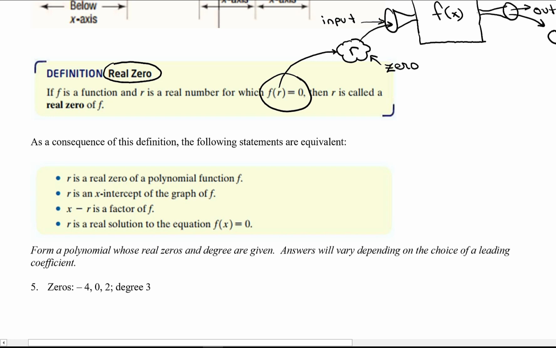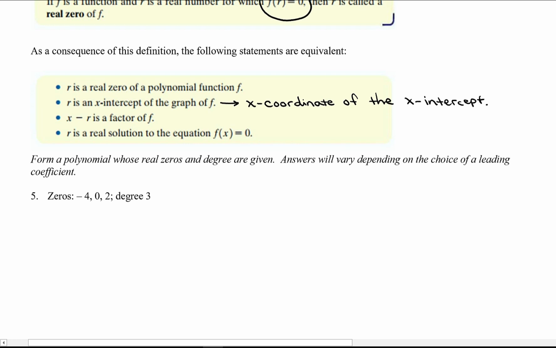So if I were writing this textbook, I might be a little more specific and just say it's the x-coordinate of the x-intercept, and I would like that a little bit better. x minus r is a factor of f, and r is a real solution to the equation f of x is equal to 0. Okay, let's go ahead and go on. Should I leave it like that in case anybody wants to copy that down?